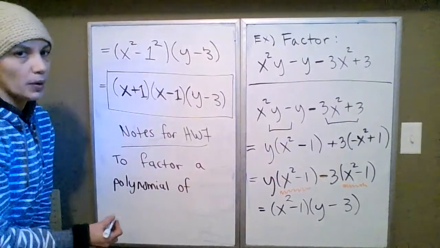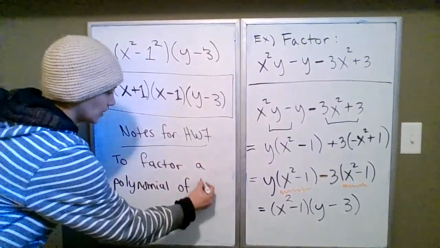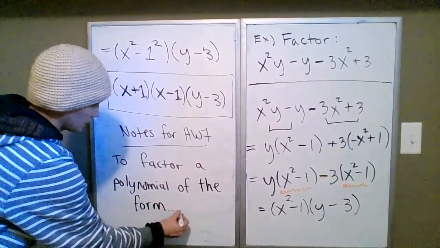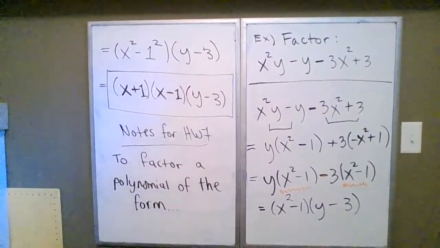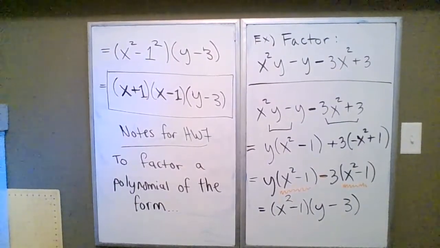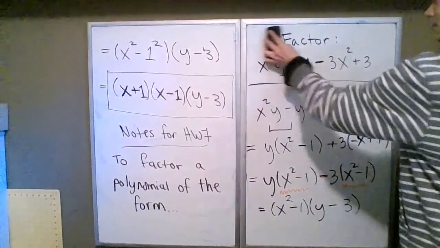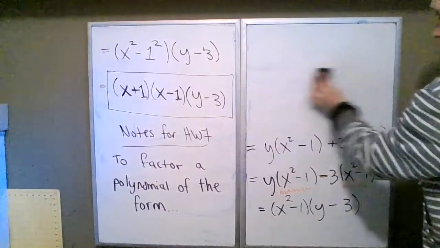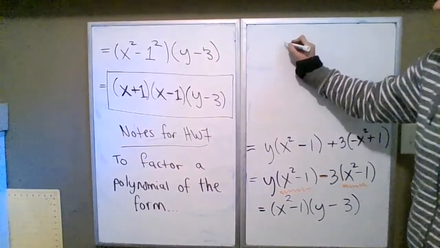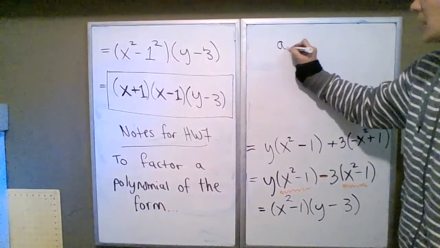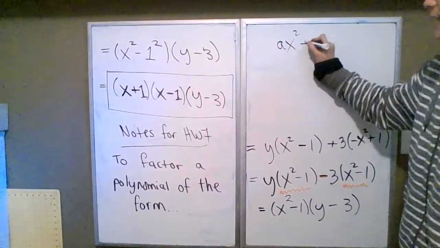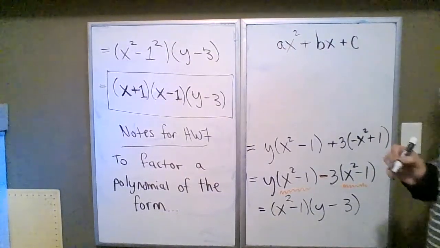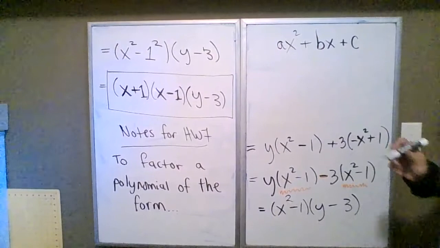So it's factoring a polynomial of the form some number a times your variable x squared, add some number b times x, and add some number c. Ax squared plus bx plus c.